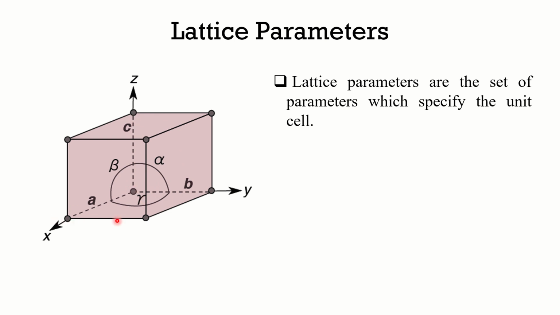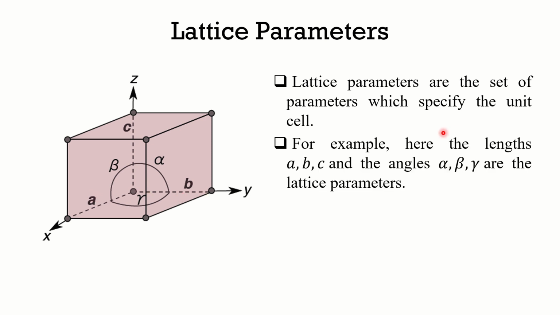Further, I also need the angles between them. So lattice parameters means these six things: three vectors and three angles between them. In this way I can completely define one unit cell.